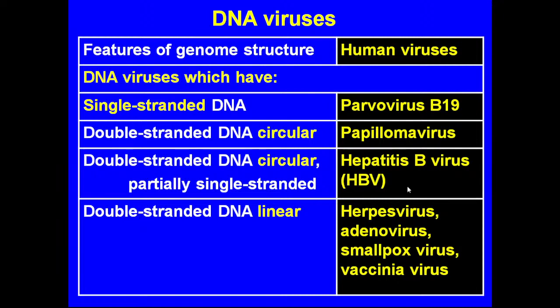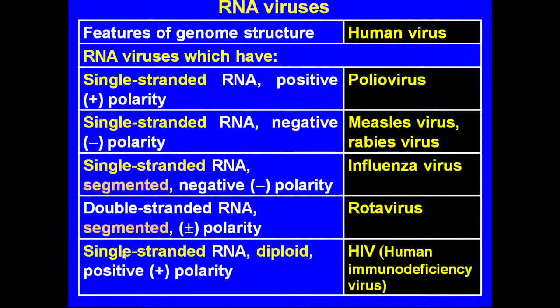But then, we have around 6 families of DNA viruses, you can see the examples, and around 13 different families of RNA viruses. So it appears that the RNA genome is much more popular among the viral families compared with the DNA genome.